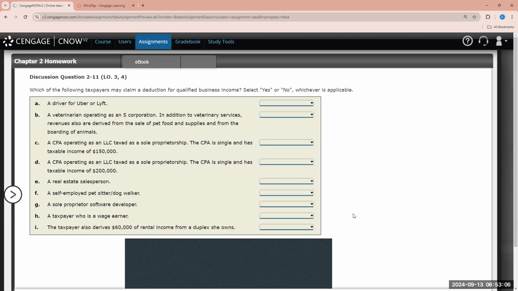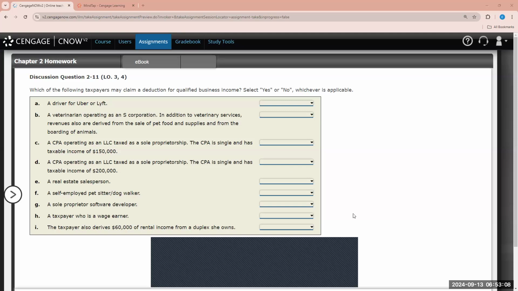So in this example, it asks, which of the following taxpayers may claim a deduction for qualified business income? Select yes or no, whichever is applicable. So as we pointed out, the corporate income tax rate was reduced to 21% with the Tax Cuts and Jobs Act. Congress wanted a means to reduce the taxes for businesses that do not operate as C corporations.